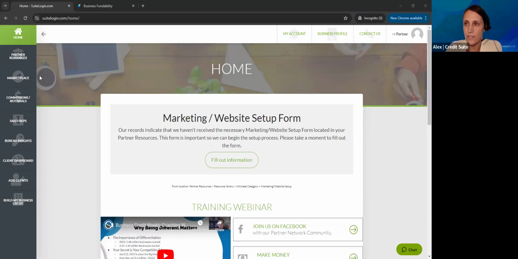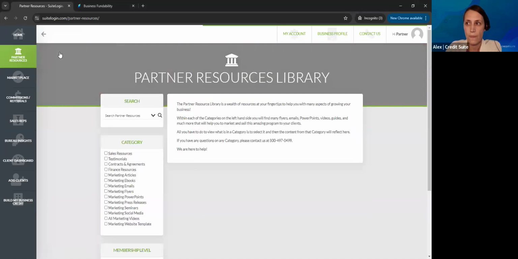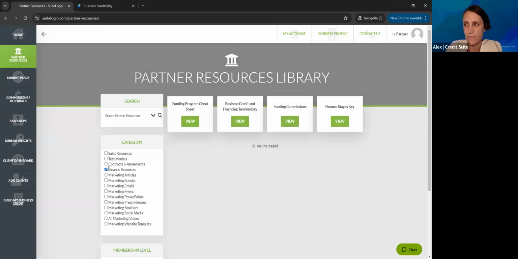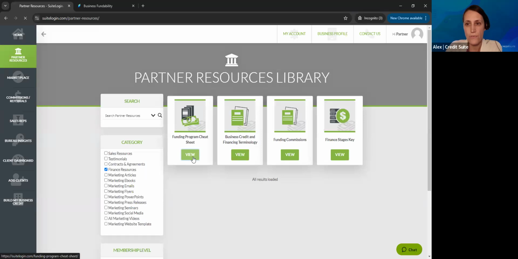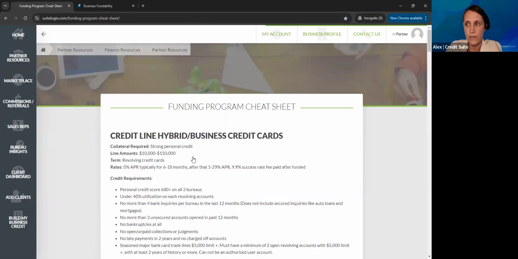So first of all, let's go and look at it. If you want to follow along, you can go to suitelogin.com. Go to the partner resources, then your resource library, then go over to the finance resource category and go to the funding program cheat sheet.